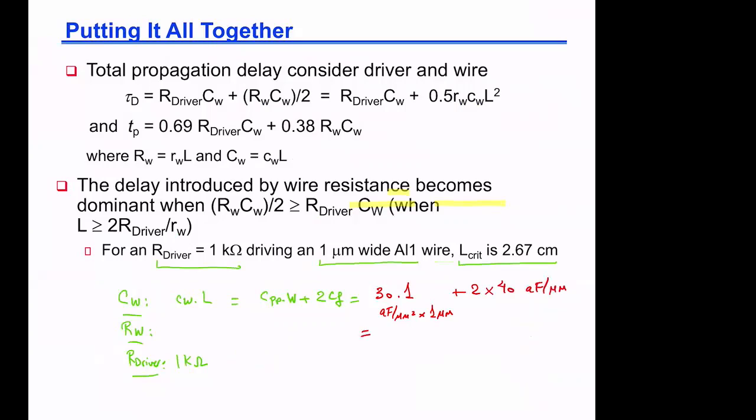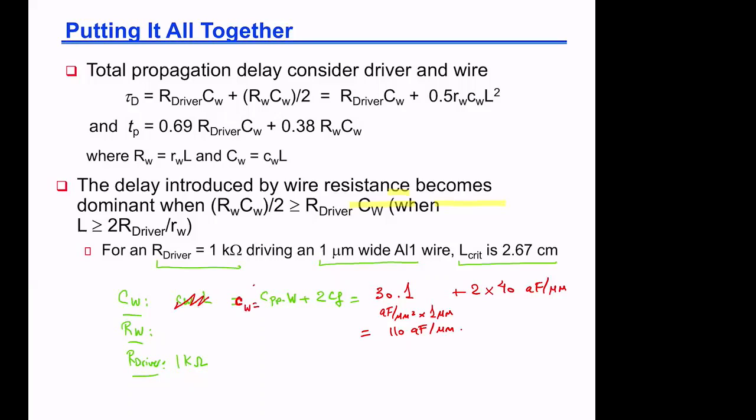So this is equal to 30 plus 80, 110 femtofarad per micrometer. This is the little c. Okay, so first I am solving here for this little c.